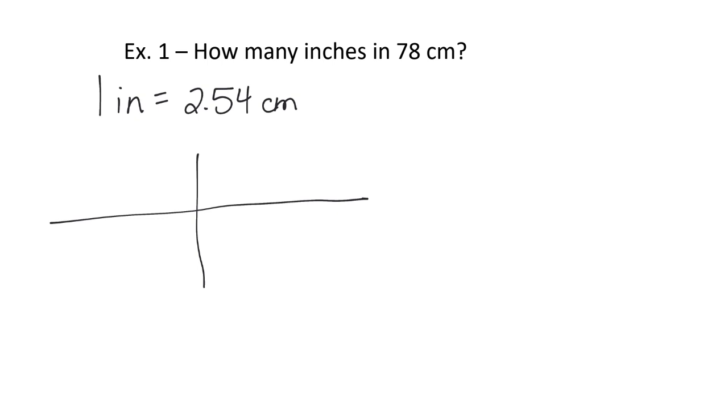If there's only one thing, like here, we have 78 centimeters, but there's nothing else. It's not like it's 78 centimeters per mile or 78 centimeters per hour or whatever, okay? So we're going to leave this one blank.